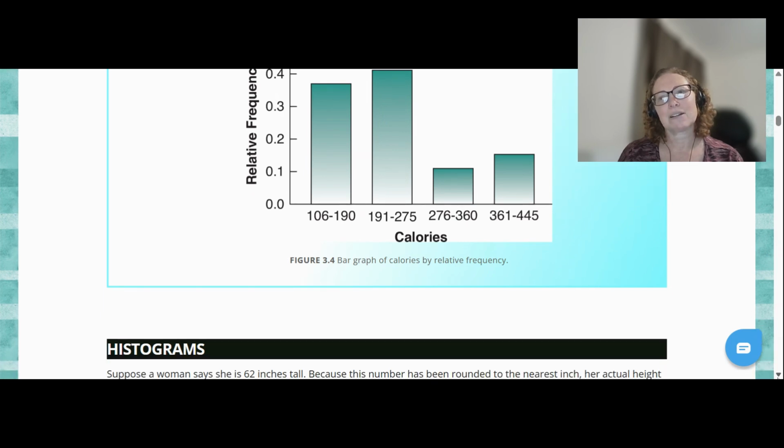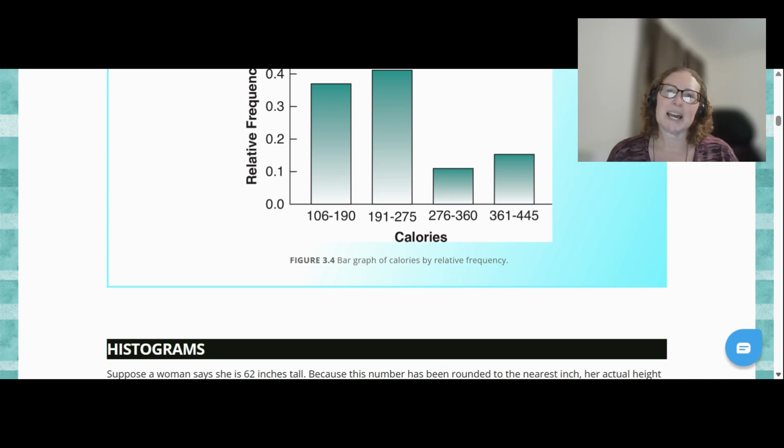Now, we don't have to group the data. In this situation, we could have done every single one of the different drinks and every single one of the different calories, but it would be a lot.